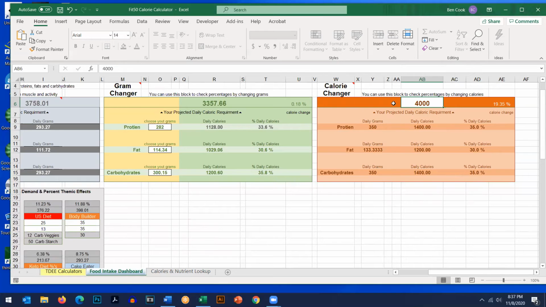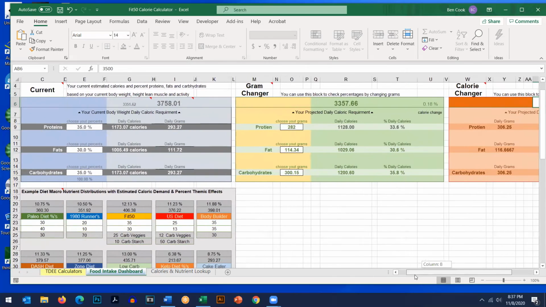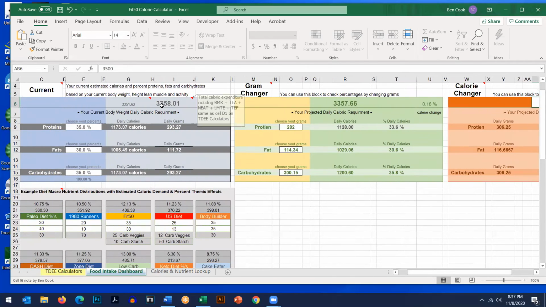So this is a calorie changer. If I wanted to change the number of calories up a little bit, or maybe I want to come down a little bit, so I want to lose some weight instead of gain some weight, I want to come down to 3,500 calories. And now these are the number of grams you're going to need to take in each day to satisfy a 3,500 calorie diet rather than a 3,700 calorie diet over here that's being presented to us from our total daily energy expenditure calculator.